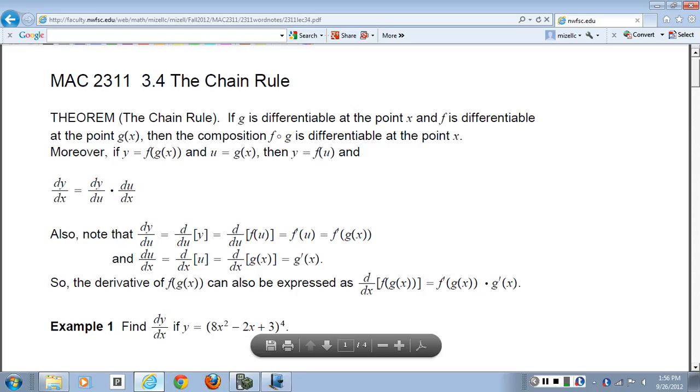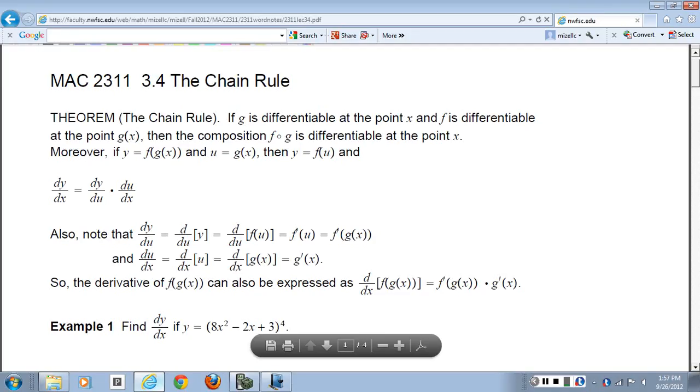Chain rule, there's a little bit more going on. If we can write a function or an expression in terms of the composition of two functions, f and g, each of whose derivatives we know how to find, we can find the derivative of that function or expression using the chain rule.